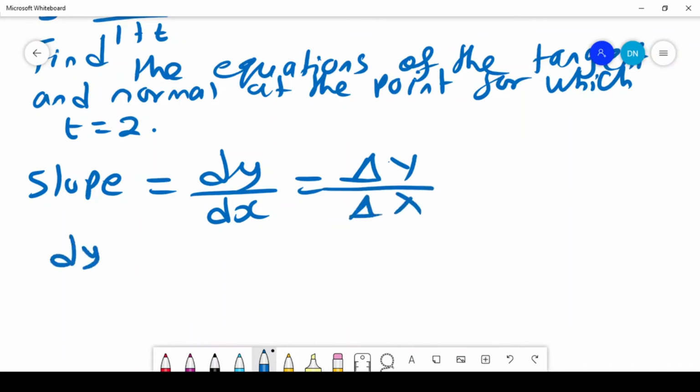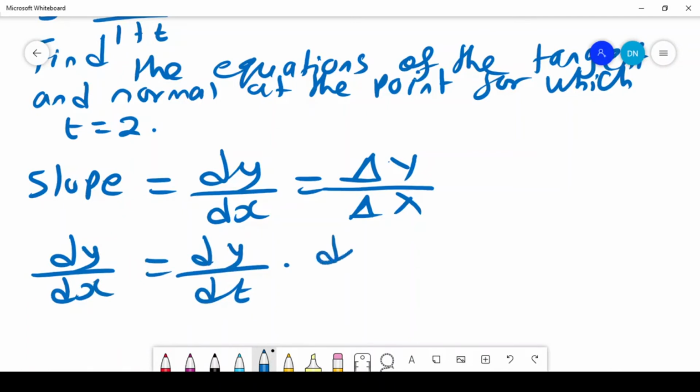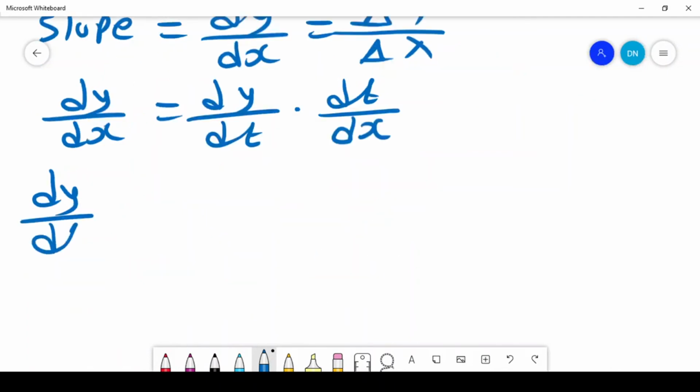And we know that dy/dx will be given by dy/dt times dt/dx.